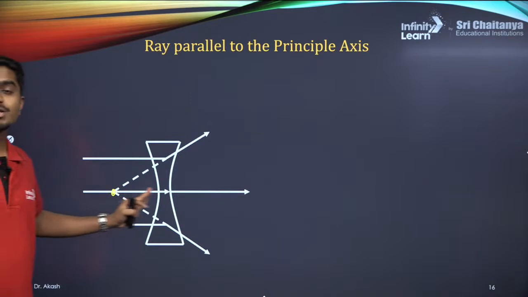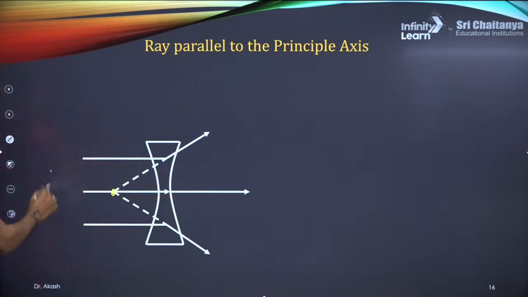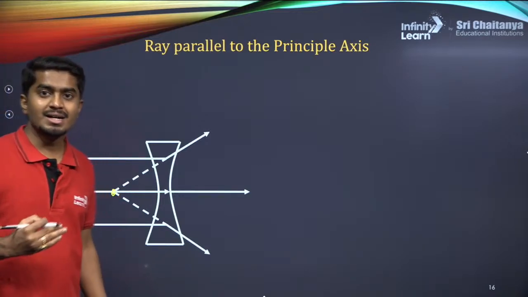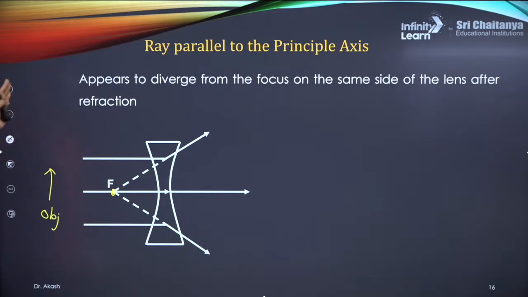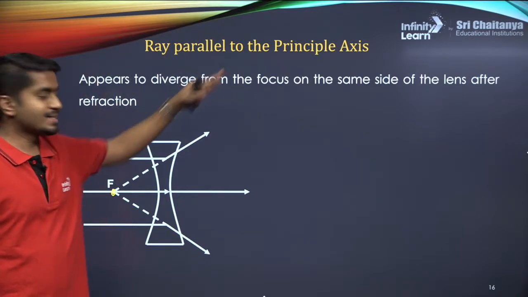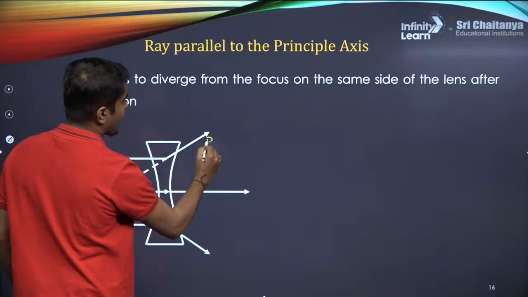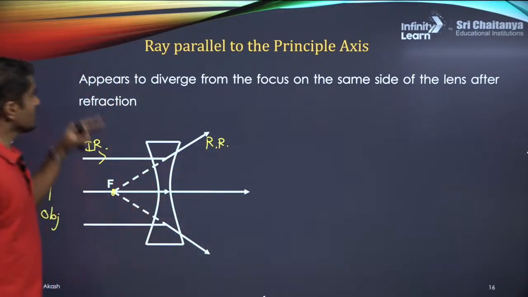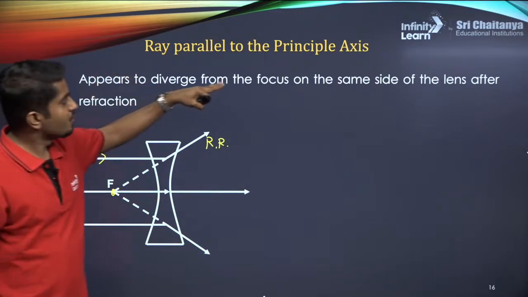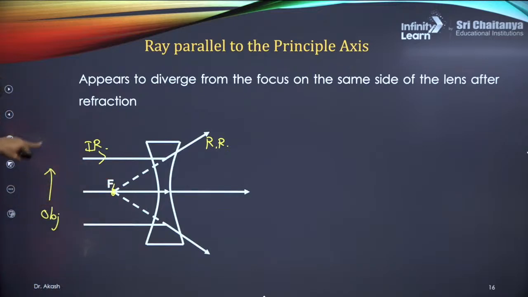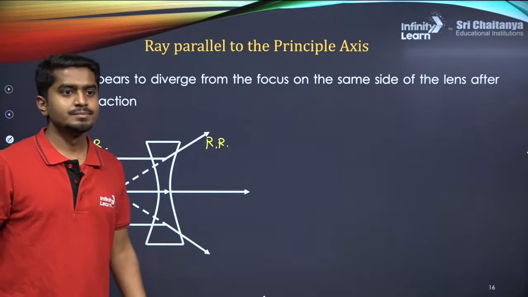This is the focus on the same side as the object. So the incident rays are parallel to the principal axis, and the refracted rays appear to diverge from the focus on the same side as the object. Clear?